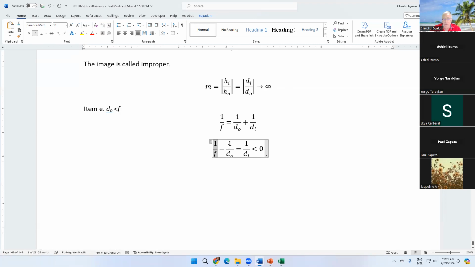This term less than this term, right? And what does it mean? It means that di is going to be less than 0 as well. Okay, the image is virtual. The image is virtual.